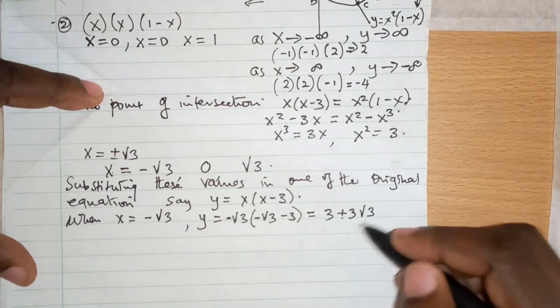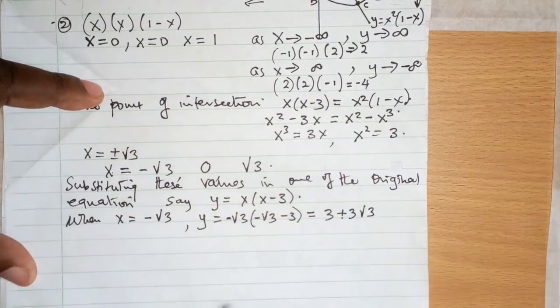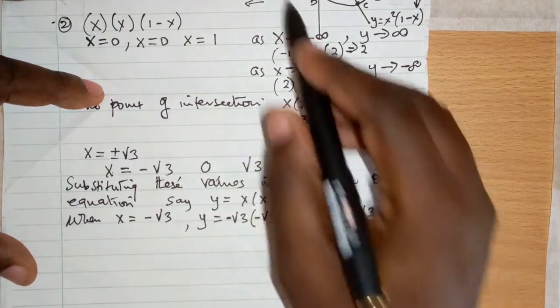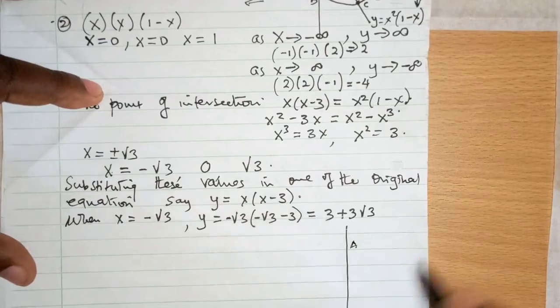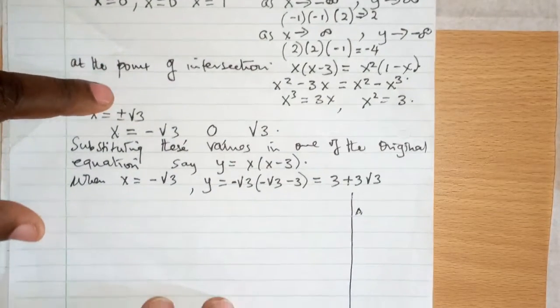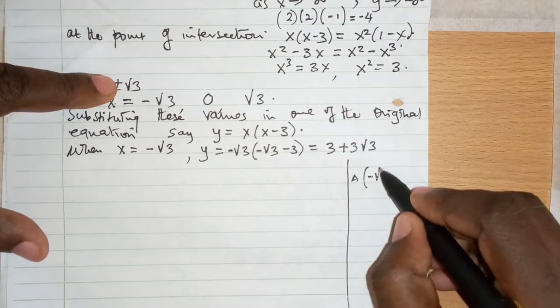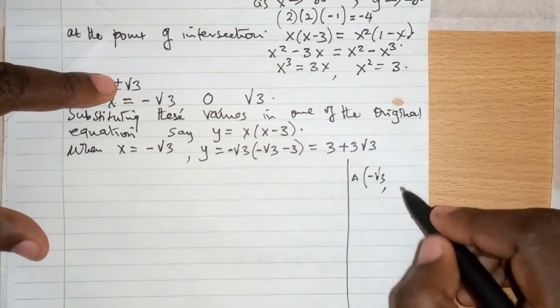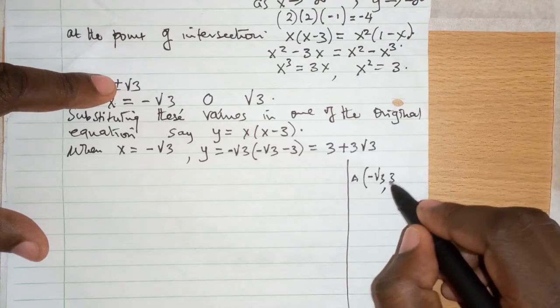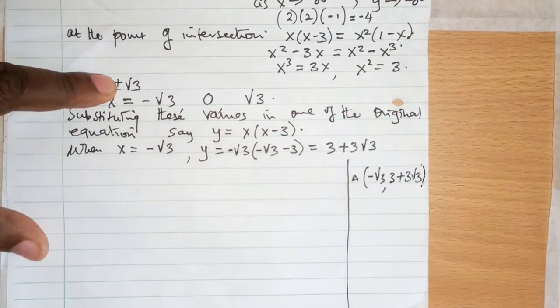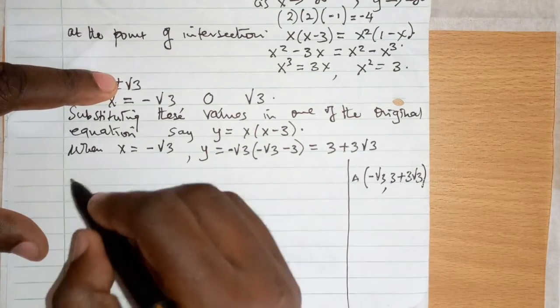So clearly, one of the points, which is point A, has coordinates minus root 3, and the value of y is 3 plus 3 root 3. Those are the coordinates of point A.